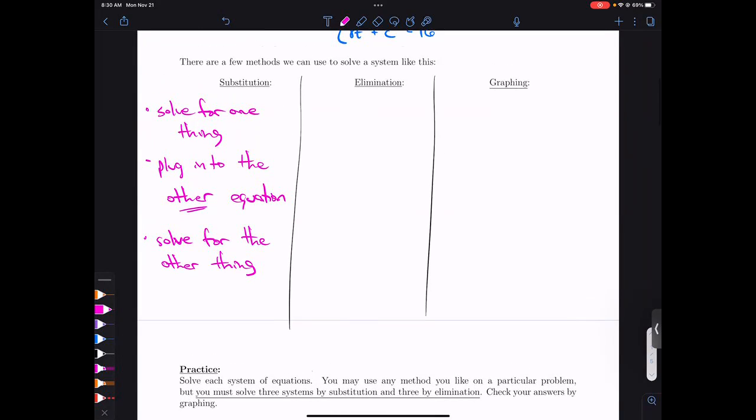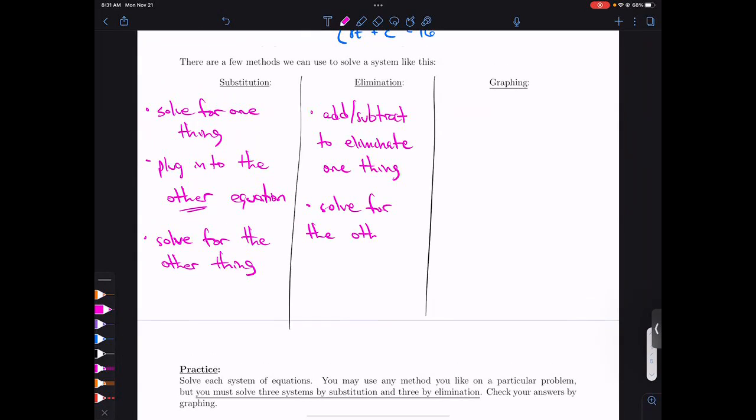Then make sure that you find them both, right? So you have one of either X or Y at that point, plug back in to find the other. Elimination, we want to add or subtract to eliminate one thing, and then solve for the other thing. To graph, again, you would need to solve for Y.